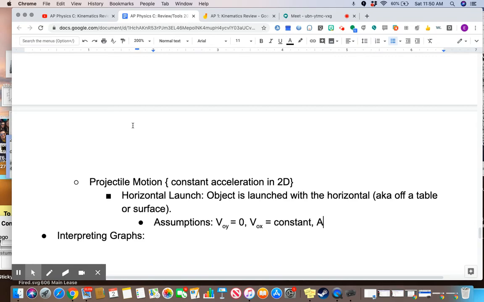We also know that acceleration in the x, if there's no air resistance, is always 0. The acceleration in the y, we're talking about horizontal launch, it begins at its maximum height and moves only downward. So the acceleration is 9.8 meters per second squared.